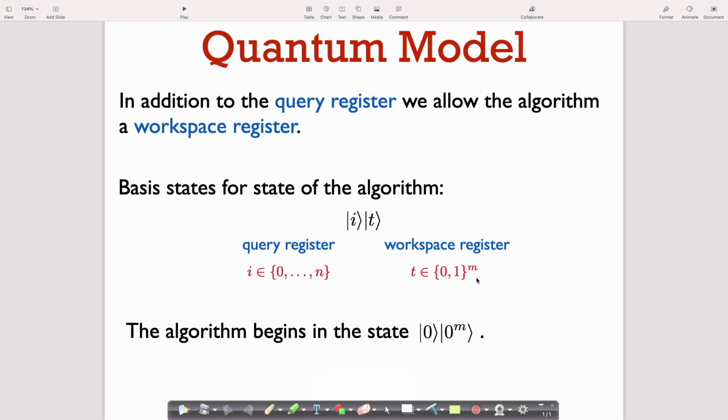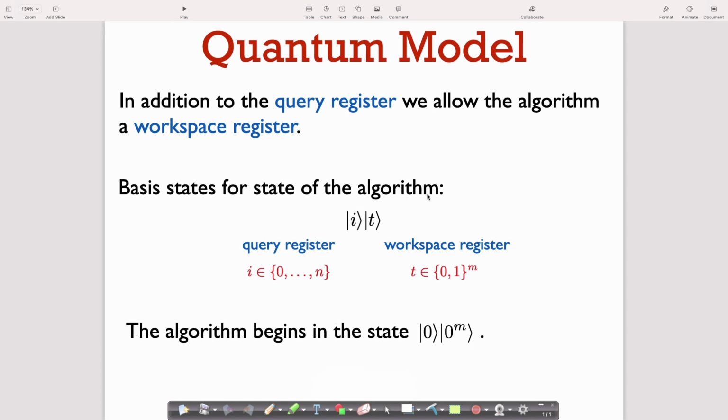Now we've discussed the action of the oracle in the quantum model. In addition to the query register, we also allow the algorithm to have a workspace register. This is basically an arbitrary register. You can take as much memory as you want. So let's just say it's an m-qubit register.